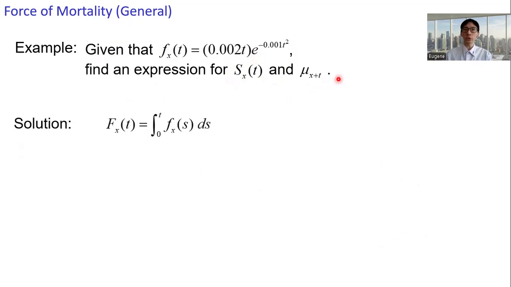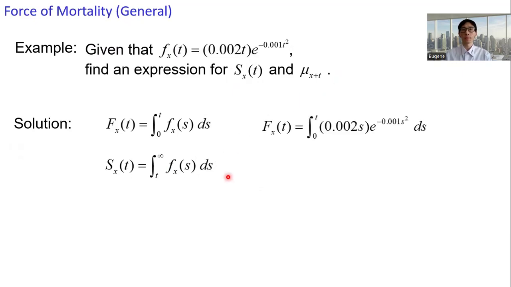Given the density function, use integration to get the distribution function or the survival function. All right, so the distribution function is given by this expression by substituting this density function fx of t. The distribution function is 1 minus e to the power negative 0.001t squared.